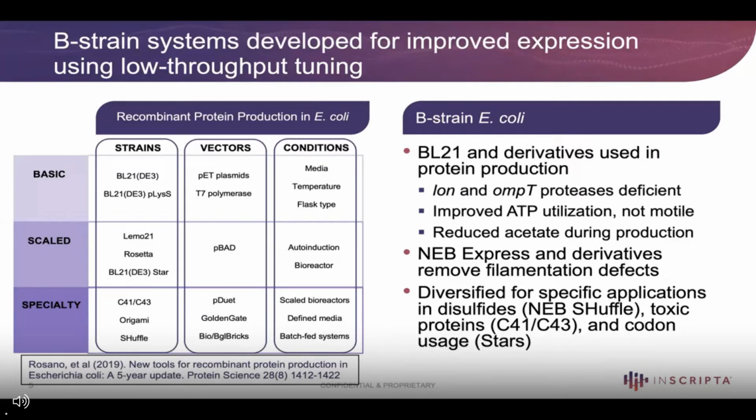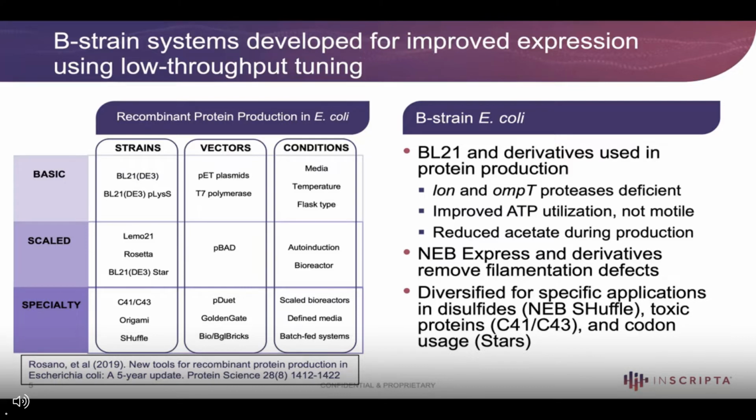When you think of B strain production of proteins in BL21s, for example, and derivatives, these are often the strains that you go to for protein production. And there's some very good reasons for going to these strains. BL21 has lon and ompT proteases. It's deficient in these proteases, so you're going to have improved yields and less degradation.